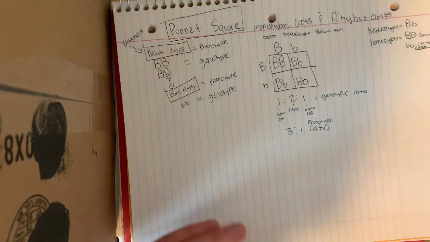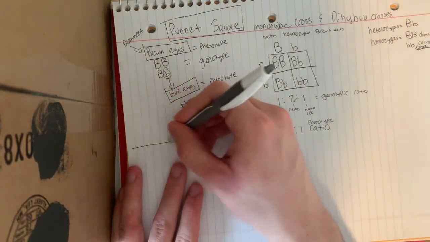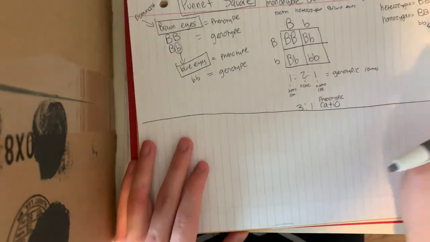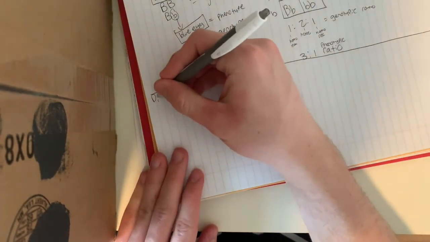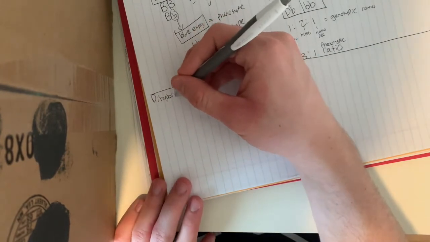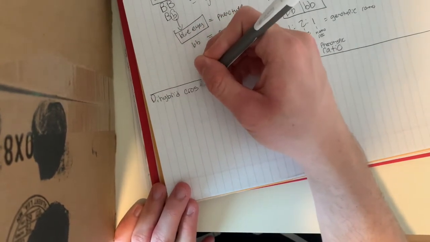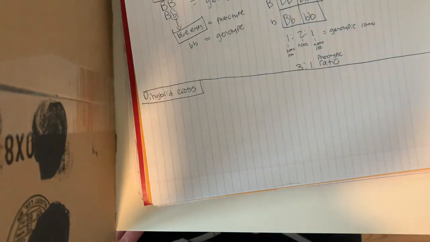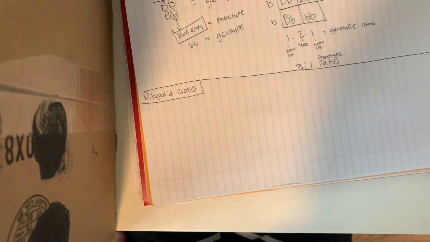But now it gets a little bit more complicated when you're working with dihybrid crosses. So here will be our dihybrid cross work. This you'll definitely see with pea color and pea shape, I guarantee it.